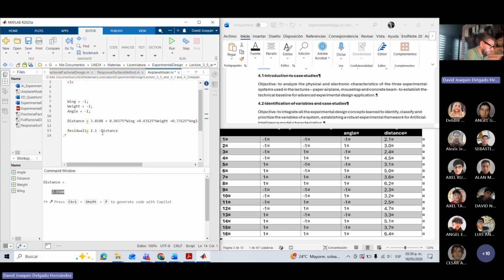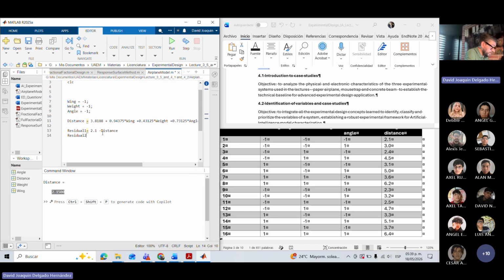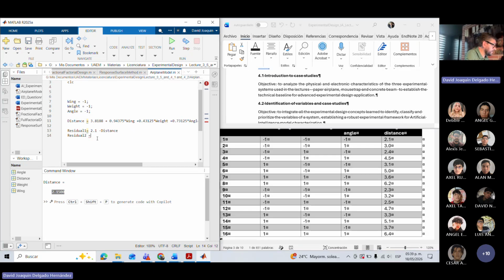And residual 2, it will be the second value of the replication, which is 2.3, minus the distance.